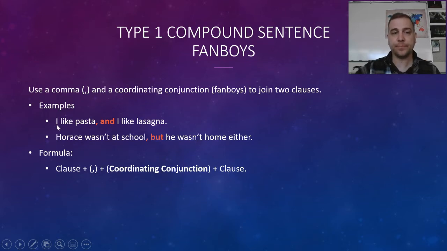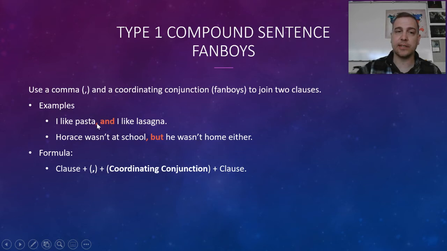And so here we have the sentence, I like pasta, comma, and I like lasagna. So this is a complete sentence here, I like pasta, and I like lasagna. This is a complete sentence over here. And so this comma and and are working together to combine these two complete sentences.